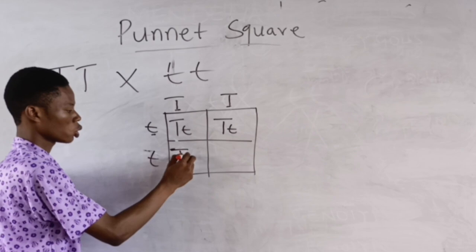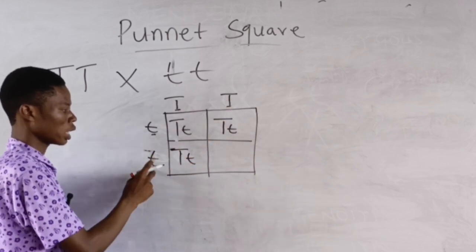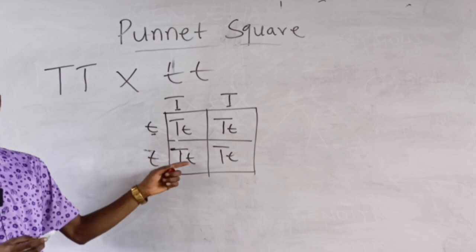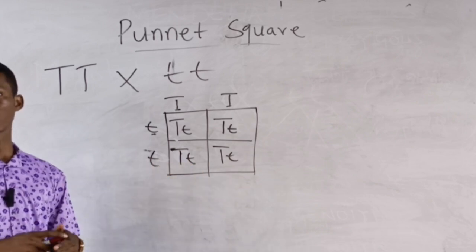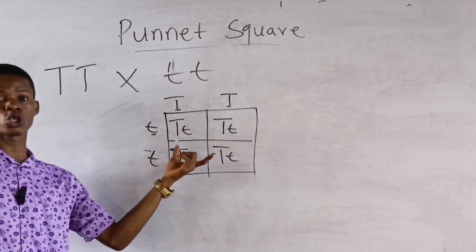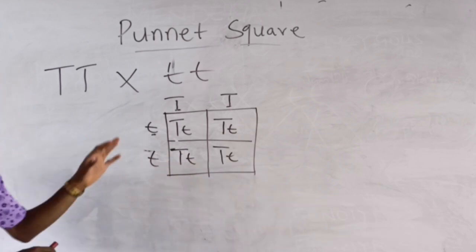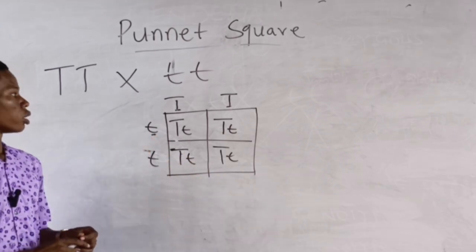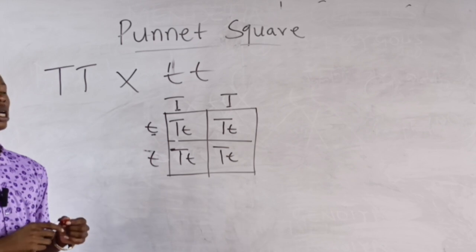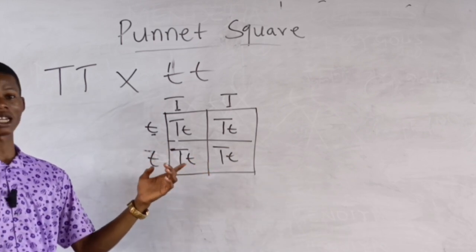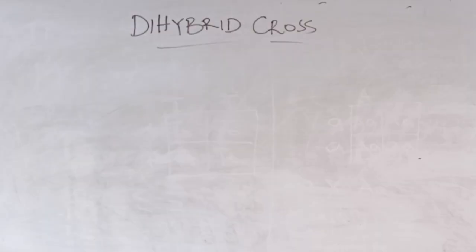Same thing here, this and this. And if you observe, it is the same thing you get if you use your line process. Is it not? Now, do you understand this method? Alright, so this will be useful when we take an example of a dihybrid cross.